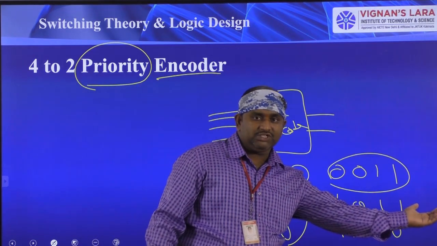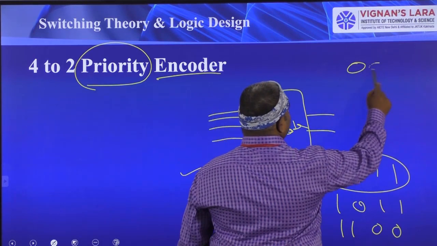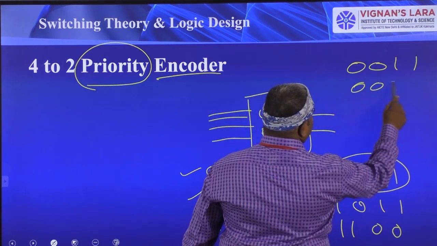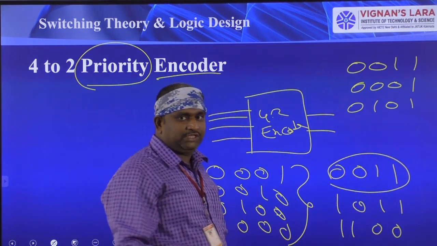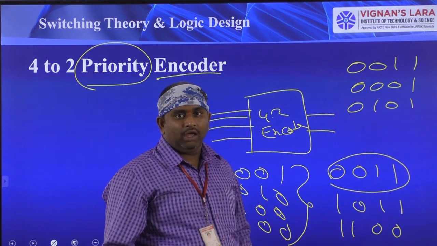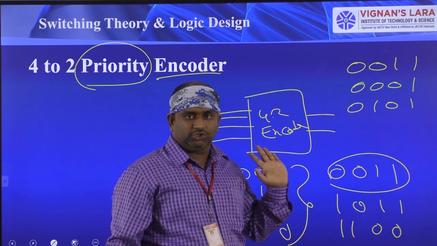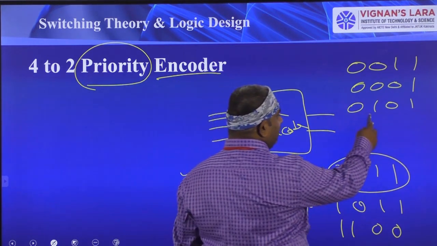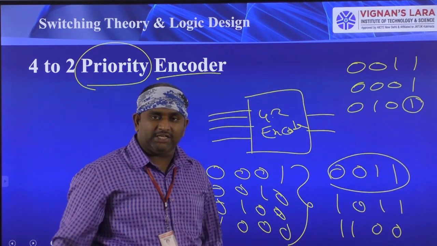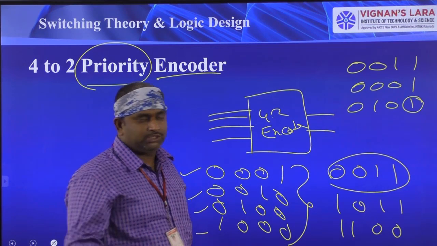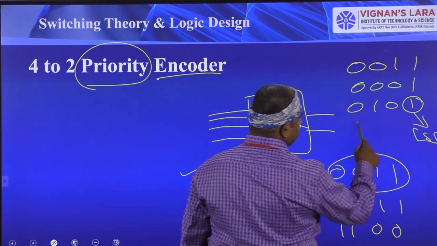So see here, I am giving the preference for the least significant bit. For example, see here, I have 3 signals. Then I have to take any one of the inputs, and keep all the remaining inputs as 0. So if LSB is equal to 1, we know the LSB. What is the MSB? This is the LSB bit, least significant bit.